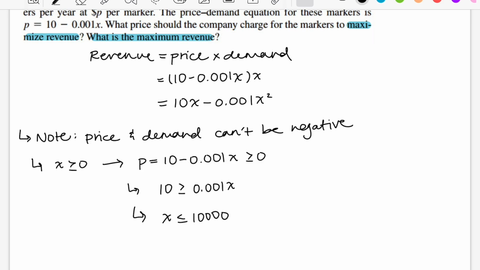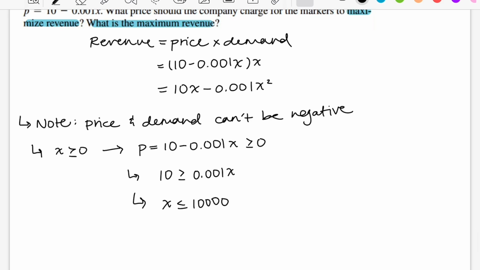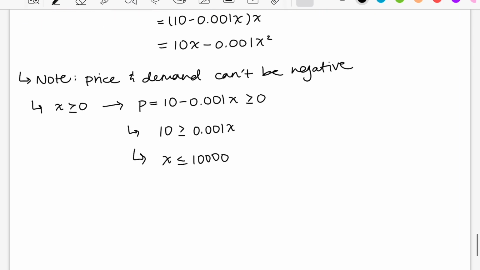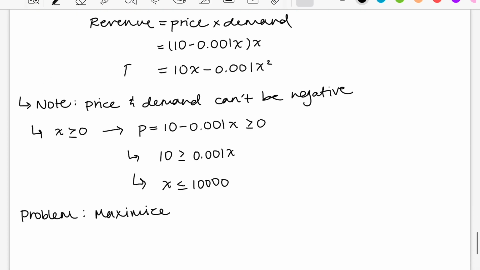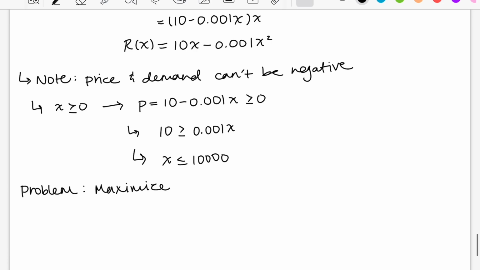So, similarly to the second example we looked at, our problem becomes that we want to maximize our revenue. So this is going to be our revenue equation over this interval here.